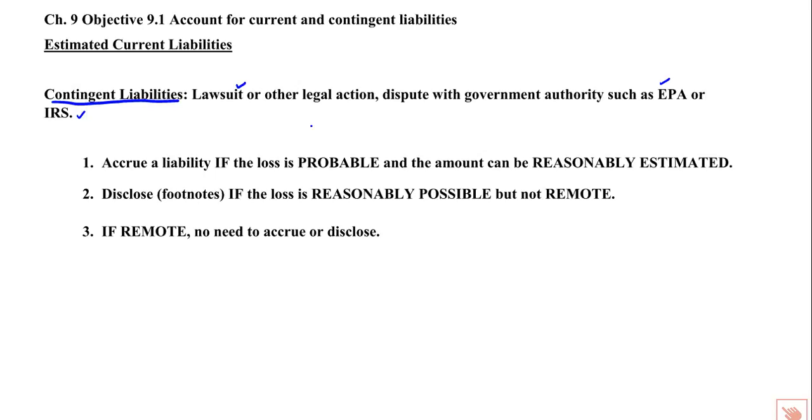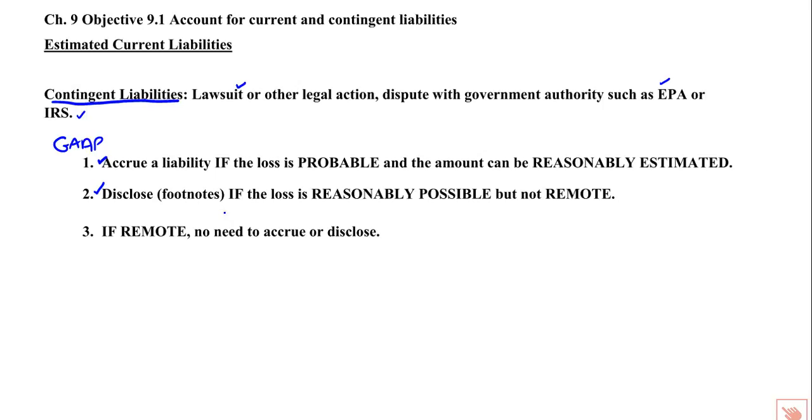With a lawsuit, it may be that you could end up owing nothing. The amount could vary greatly. So how do you deal with this? Here is GAAP. There are three possibilities. You're either going to accrue it, so you recognize a liability; or you're not going to accrue it, but you're required to disclose it in the footnotes of the financial statements.